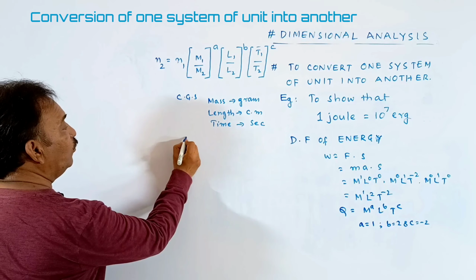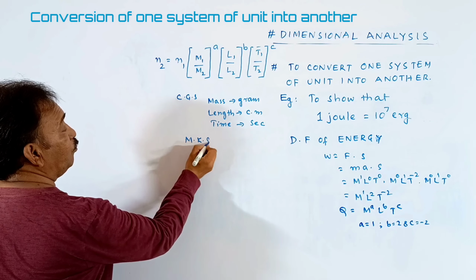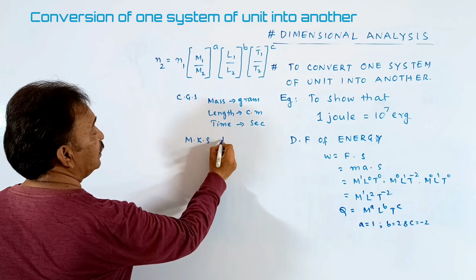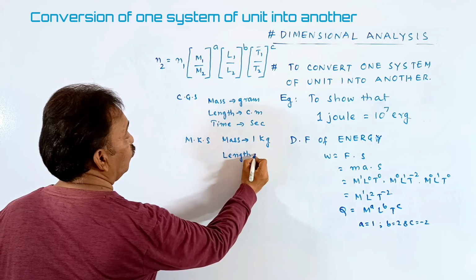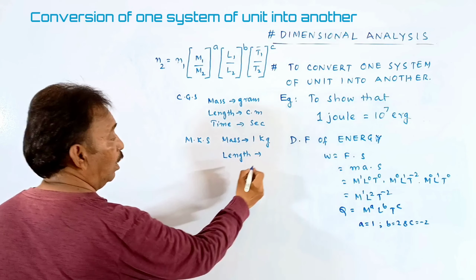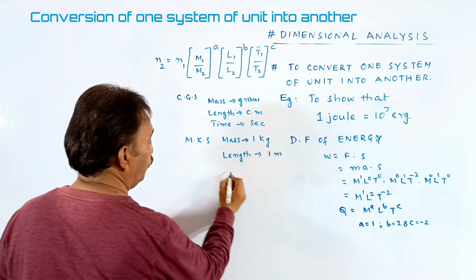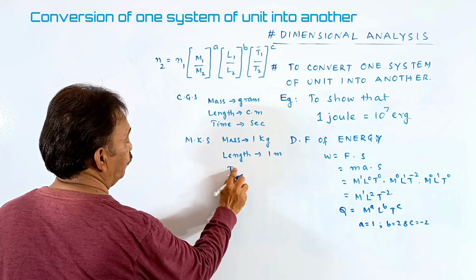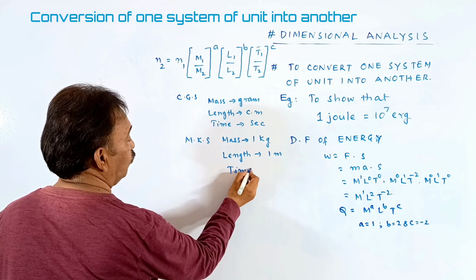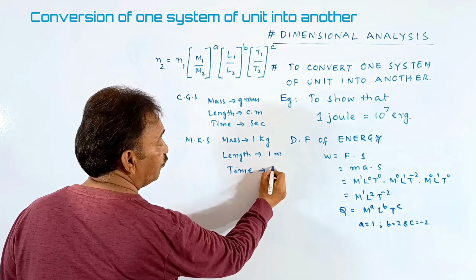Similarly, if you go with the MKS, mass is 1 kg. Okay, students. Length is 1 meter, and time is measured in second.